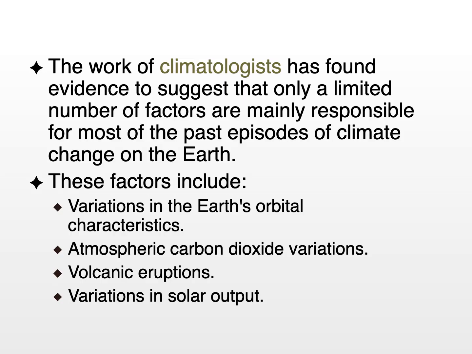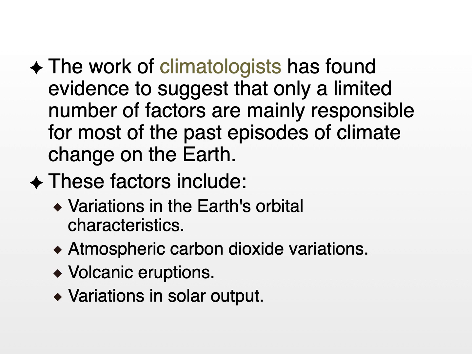Anyways, we're going to focus in on 4 mechanisms of climate change, and these are mechanisms that are important in explaining climate change that has occurred since the beginning of the Pleistocene. These mechanisms include the variations in Earth's orbital characteristics that were studied by Milan Milankovitch, changes in atmospheric carbon dioxide, both natural and human caused.